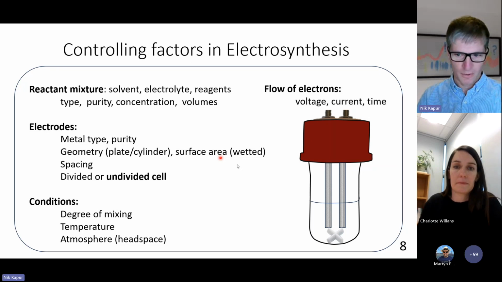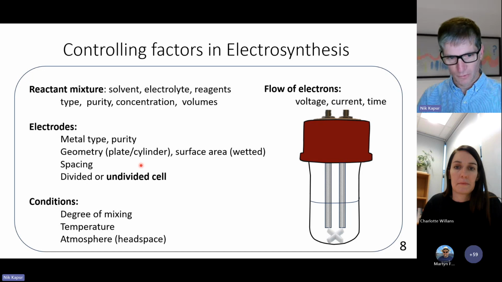So if we look at a picture of the reactor over on the right-hand side, there's just a cartoon sketch here. Things like the purity and the type of metals of your electrodes are really important. The geometry, so the spacing between those electrodes, is really important, whether you're working in a divided or an undivided cell.